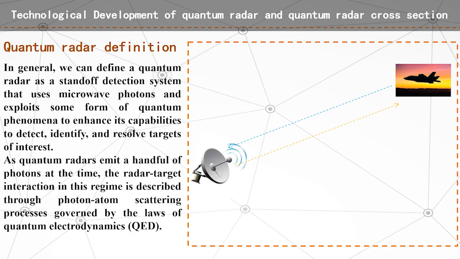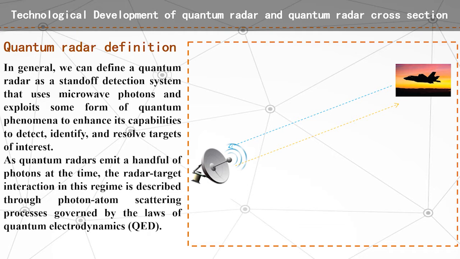You may ask me a question: what's quantum radar? What's the definition of it? In general, we can define a quantum radar as a set of detection systems that use microwave photons and exploit some form of quantum phenomena to enhance its capabilities to detect, identify, and resolve targets of interest.